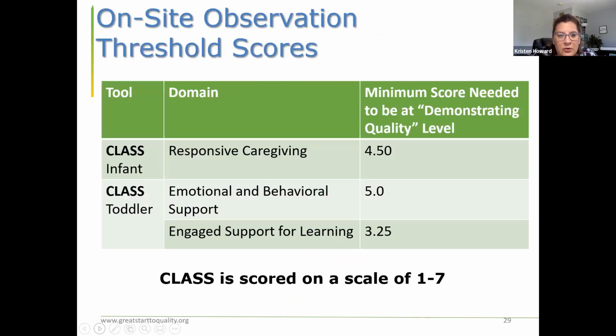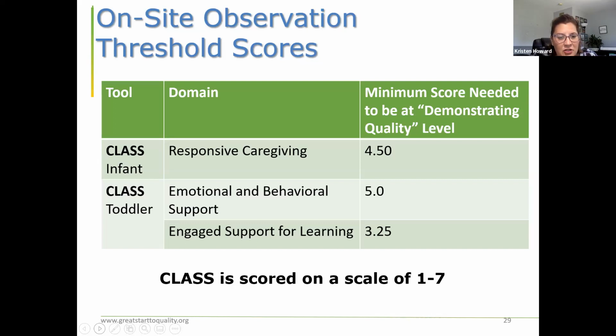Righty, so I talked a little bit about those minimum scores needed to be at that demonstrating quality level. Here you will see just infants and toddlers, because that's what we're working on today. So you'll see those domains that Jennifer so eloquently shared with you. For responsive caregiving for the infant, you have to get a score of at least a 4.5 to move into that demonstrating quality level.